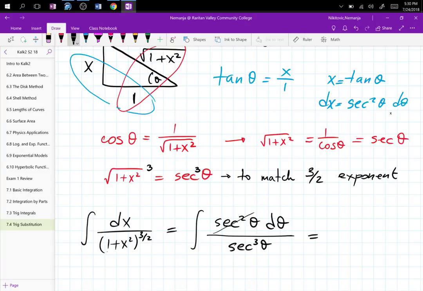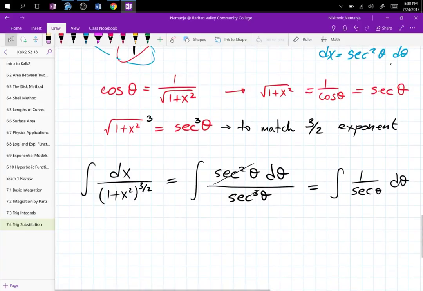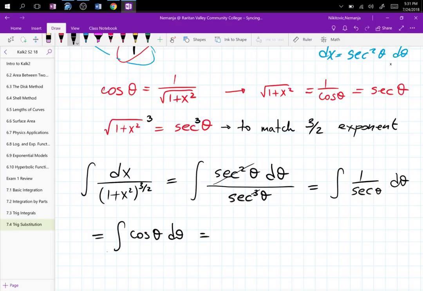Because secant squared and secant cubed will cancel, you get the integral of 1 over secant theta d theta, which is the integral of cosine theta d theta, which is simply sine theta plus c. Bueno?